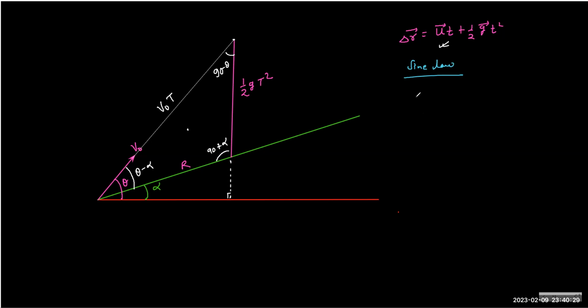How to write it? V naught T by sine 90 plus alpha, so cos alpha, is half GT square upon sine theta minus alpha, is equal to R by cos theta. We are done.